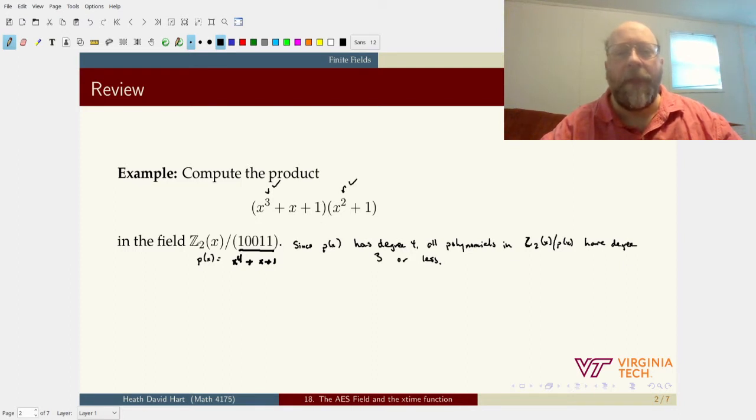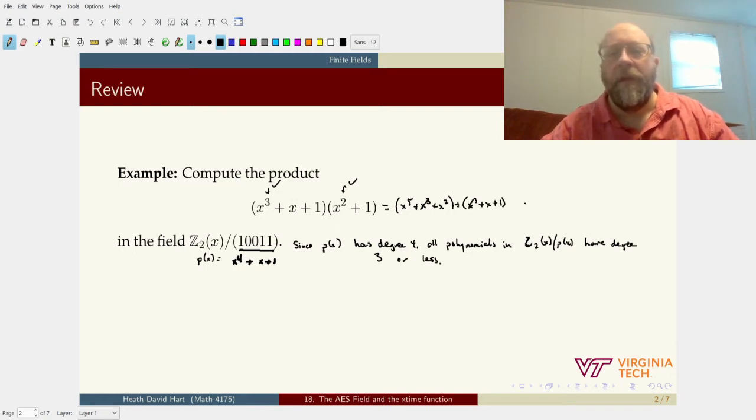But then when I multiply them together, we run into a problem because this is going to be x to the fifth plus x cubed plus x squared plus x cubed plus x plus 1. The x cubes cancel, and we're left with x to the fifth plus x squared plus x plus 1.